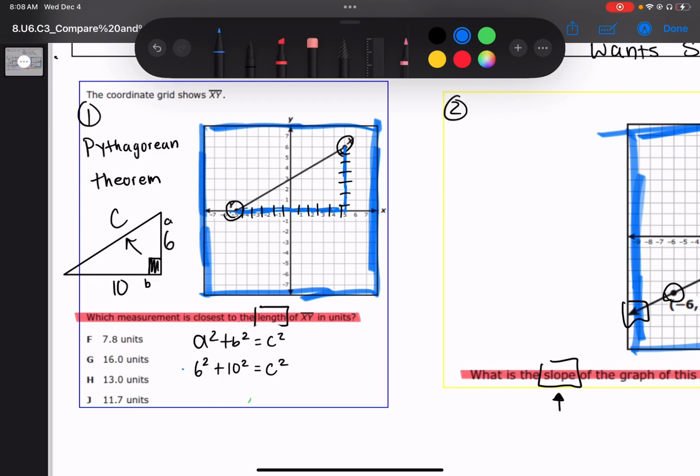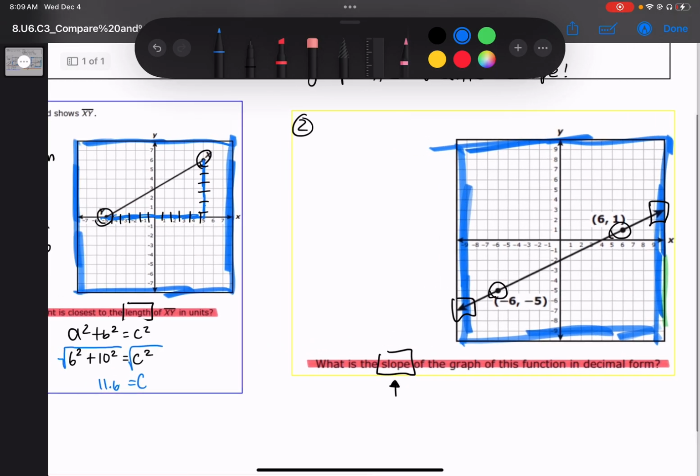And if you wrote down the square root, that is absolutely correct. We always forget to type in that square root. So go ahead and type that in the calculator, and you get what? I got 11.6. So my best answer would then be J.